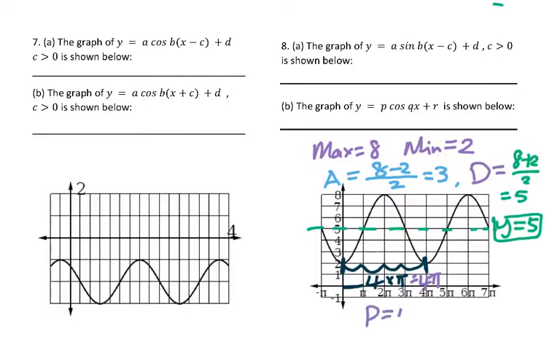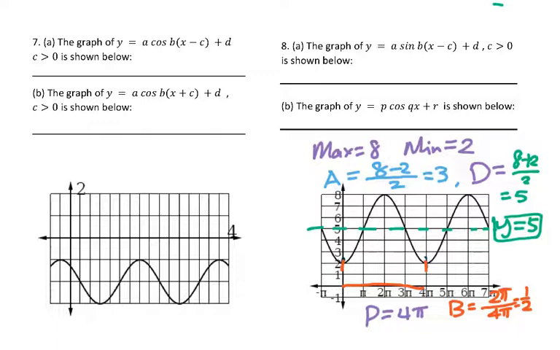P equals 4 pi. Or you can just check between these two. That shows you here is 4 pi. The horizontal distance is 4 pi. Then you can get P equals 4 pi, and B equals 2 pi over 4 pi. That's 1 over 2. So we already figured out A, B, D.